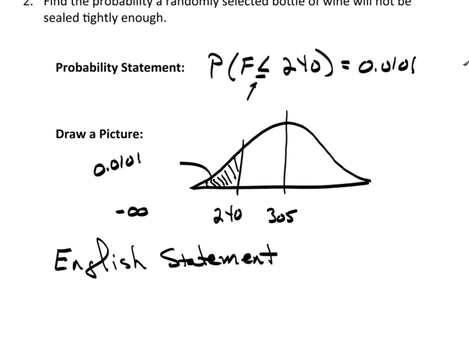You need to write it down. The probability that a randomly selected bottle of wine will not, or the cork will not be on tight enough is 0.0101. You need to say something to that effect. Those exact words aren't necessary, but that concept is necessary.